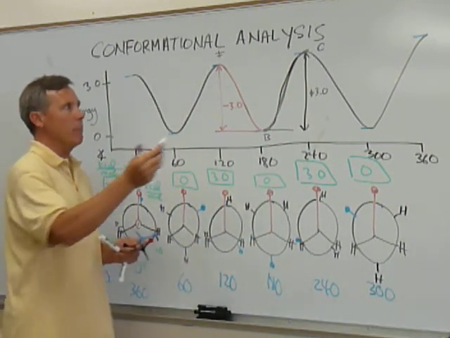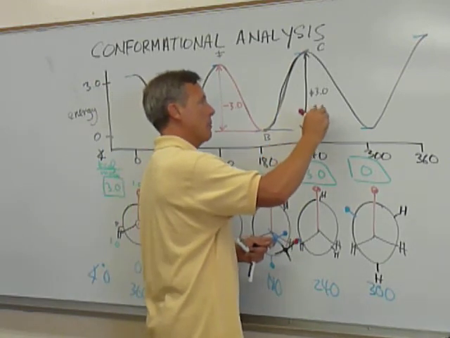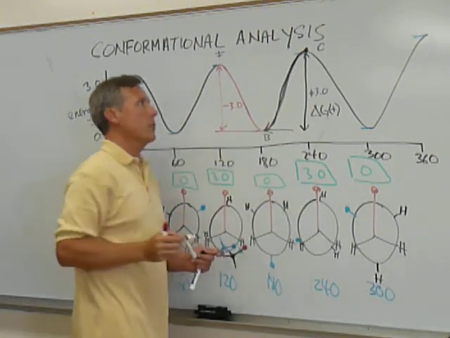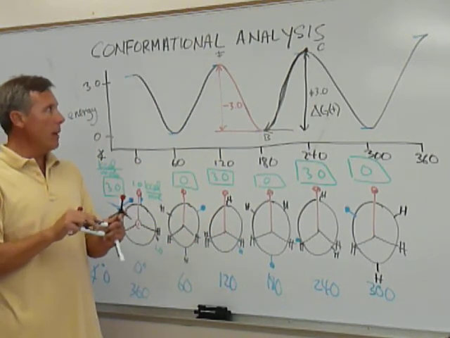We said that is unpreferred. We said delta G value is positive. Prefer the left-hand side of the equilibrium.